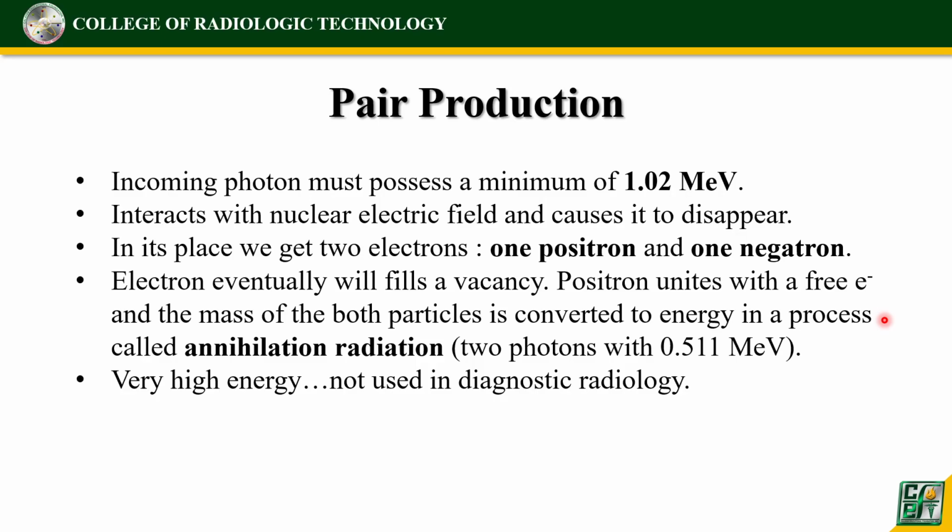Okay? At kapag nagkaroon ng interaction between the incident photon and the nuclear electric field, so yung incident photon ay magdi-disappear and magkakaroon ng production ng dalawang electrons. Isang positron at isang negatron.